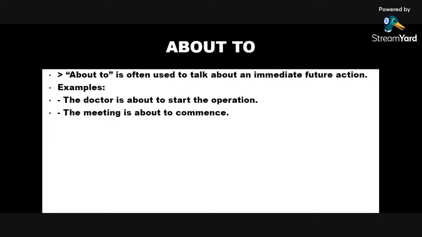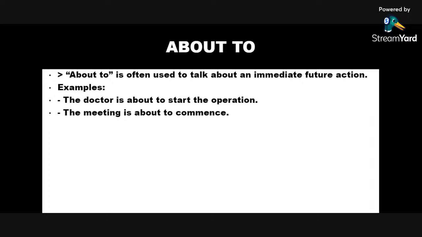Or, they are about to wheel him or her to the theater, something that will shortly happen. You use it to talk about an immediate future action, all right? It could be something even that requires immediate action on the part of the person you are talking to.